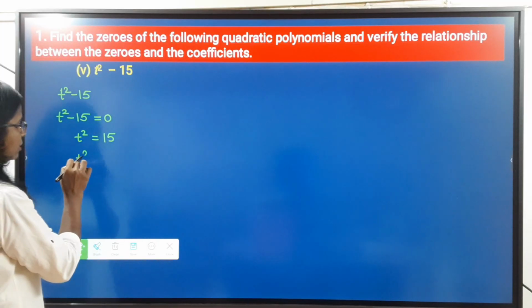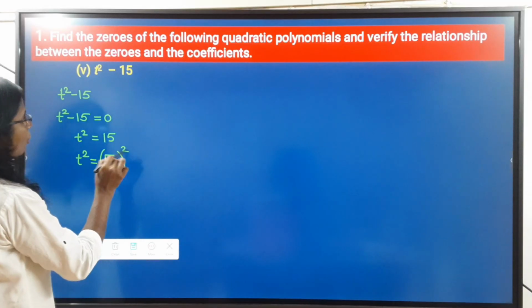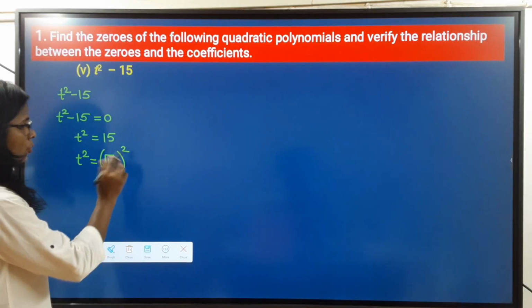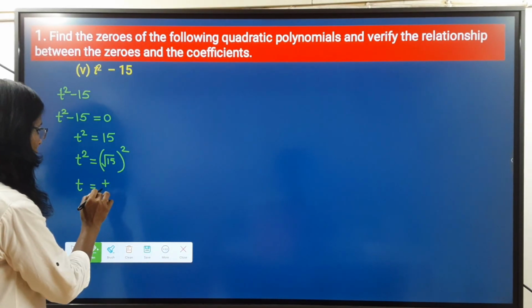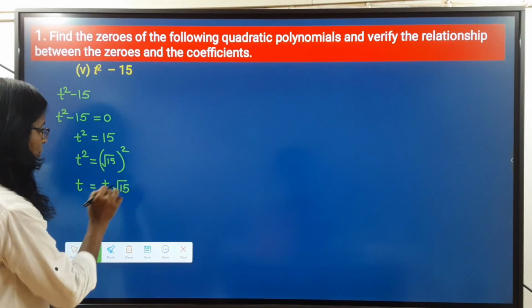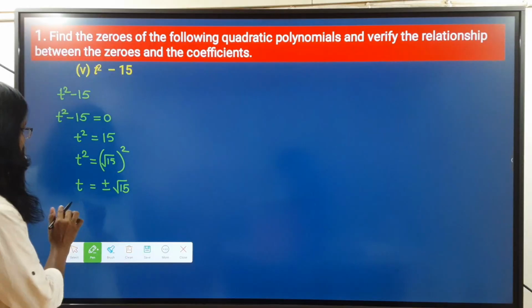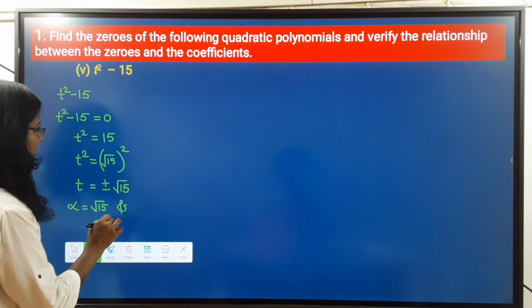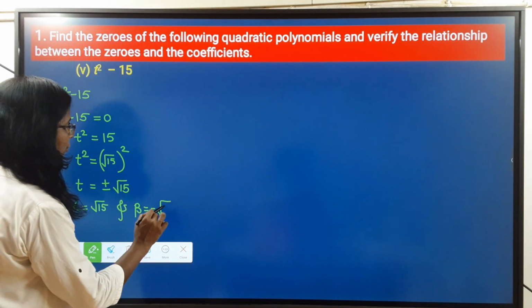So that means, students, t square is equal to root 15 whole bracket square. Now t is equal to plus or minus root 15. So now, students, the first zero of the quadratic polynomial is positive root 15 and the second zero is minus root 15.